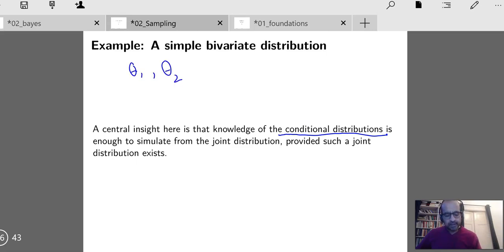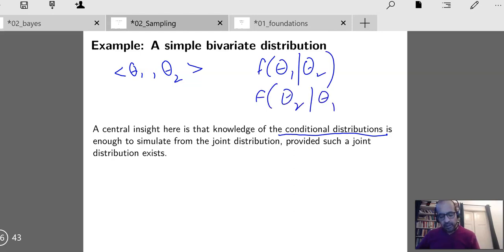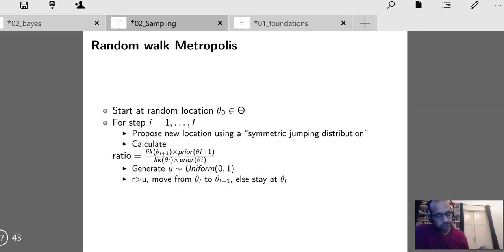Let's say I gave you an example of 2 parameters here. I'm going to have to figure out the conditional distribution of theta 1 given theta 2, and the conditional distribution of theta 2 given theta 1, and this will allow me to simulate from the joint posterior. It's magical, right? It's amazing that you can actually get the joint posterior from the conditional distributions. Okay.